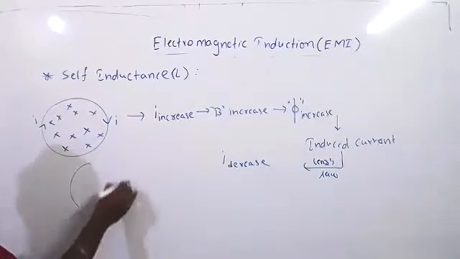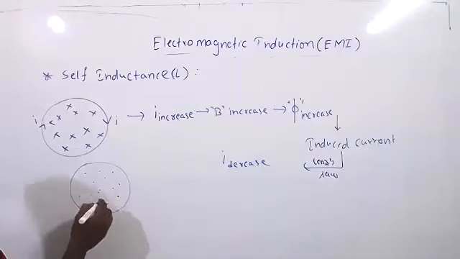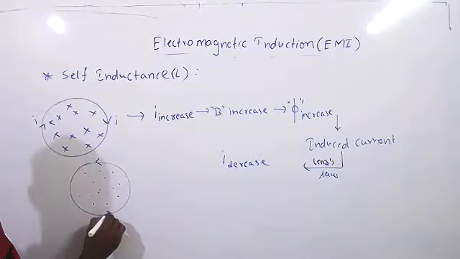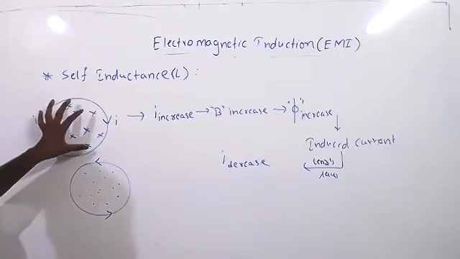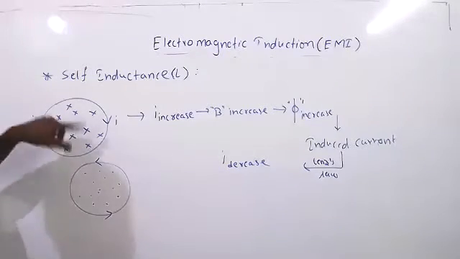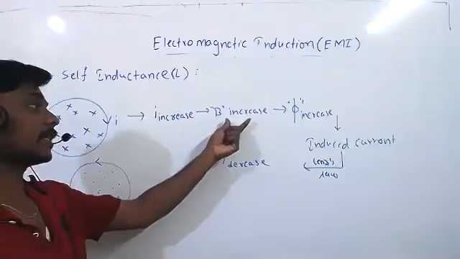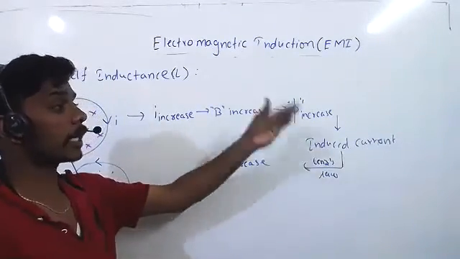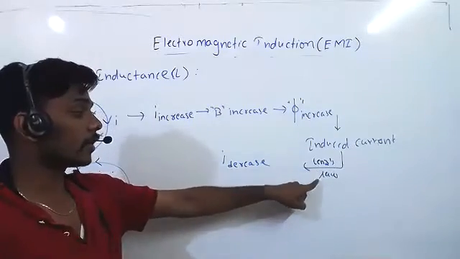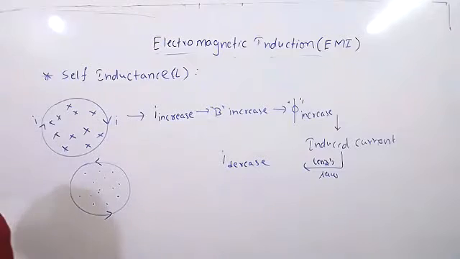So it will be like this. Outward. When the current is in the clockwise direction, the magnetic flux is increasing, so induced current develops, and its direction according to Lenz's law is such that it decreases the flux. So it will be like this. Clear?